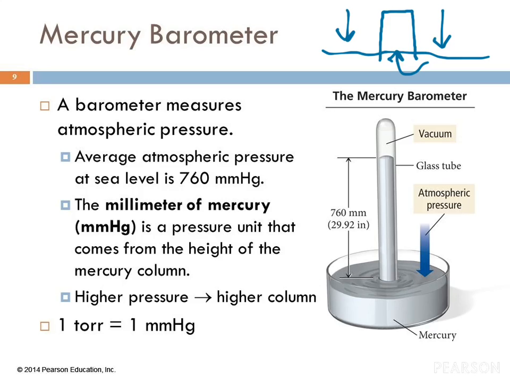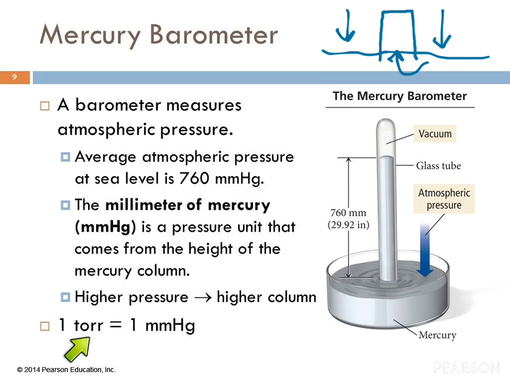When the weatherman talks about atmospheric pressure, he's using inches of mercury because we're Americans and we're stuck on not using the metric system, right? So he's talking about, well, it's 30.92. And he doesn't give the unit, but it's inches of mercury. It's an odd unit, and so they made a new unit.